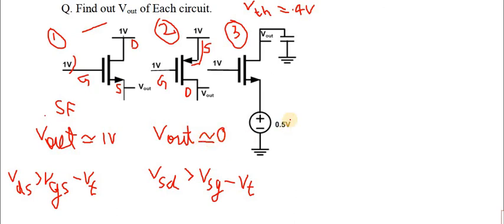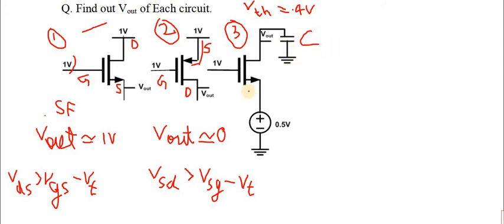Now move to the third question. Again this is an NMOS and some capacitor is there at the drain terminal. You can consider it as a load, and at the source terminal a 0.5 volt battery is there, and at the gate 1 volt is applied. So if you see, it is a common source amplifier, although with a capacitive load.